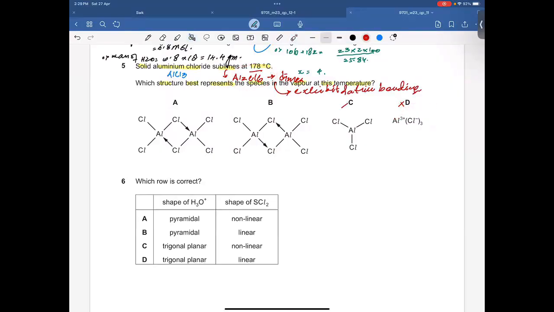C is also incorrect because after the formation of dimer, it has to be Al2Cl6. Now, competition exists between this and this. So, dative bond, aluminum has no lone pair, so it cannot form dative bond. So, these arrows are wrong. Right answer is going to be A because Al2Cl6 has the structure like this. We have discussed it in class, right?